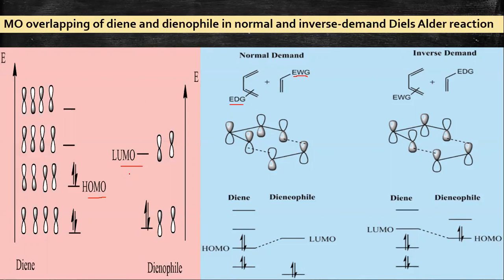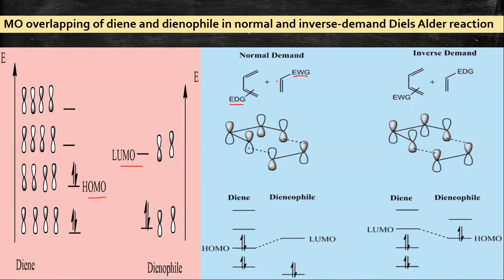In some cases, we can see here in the diagram there is a very short energy gap between the HOMO of the diene and the LUMO of the dienophile. The situation may be reversed, or if the diene has an electron withdrawing group and the dienophile has an electron donating group, this would be studied under the inverse demand Diels-Alder reactions.